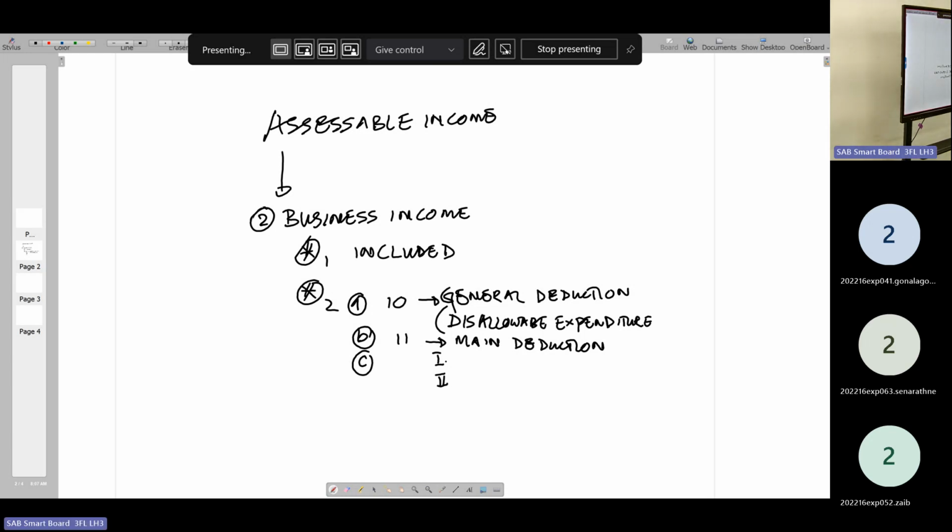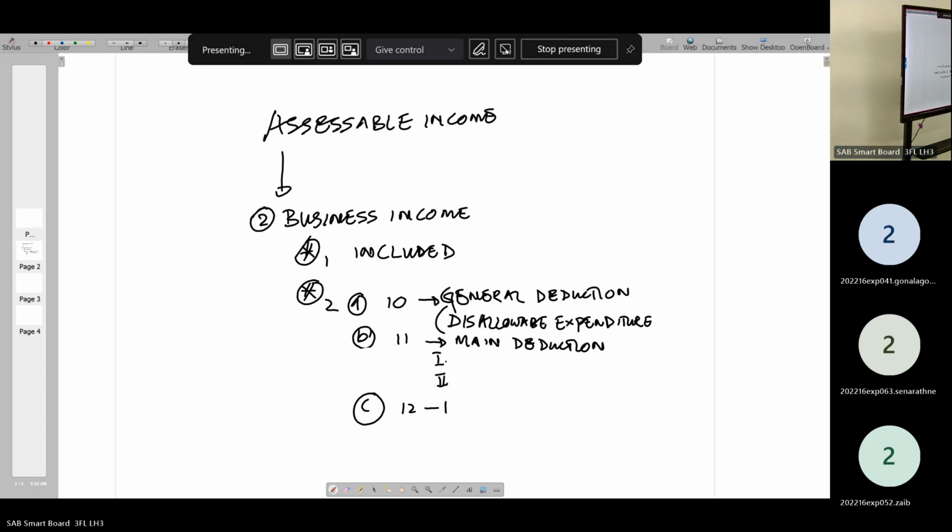Capital nature expenditures are not allowable. Thereafter we discuss section 12 to section 14, which we have already discussed.